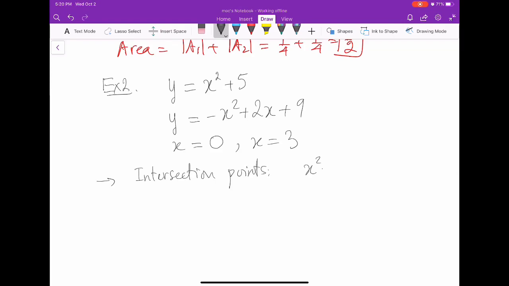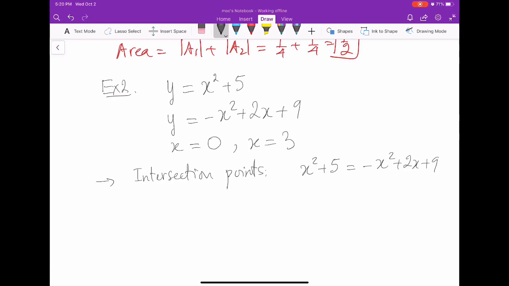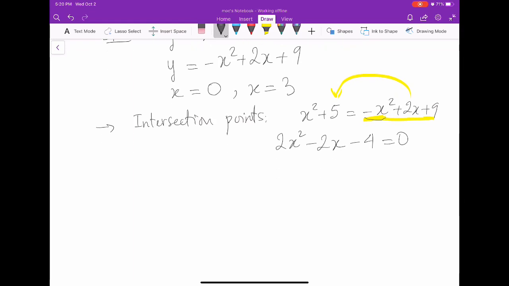So you put x squared plus 5 equal to negative x squared plus 2x plus 9. Okay, so you solve this, you bring everything to the left hand side, right? So you have 2x squared minus 2x, and then minus 4 equal to 0. From here, you can simplify by 2.